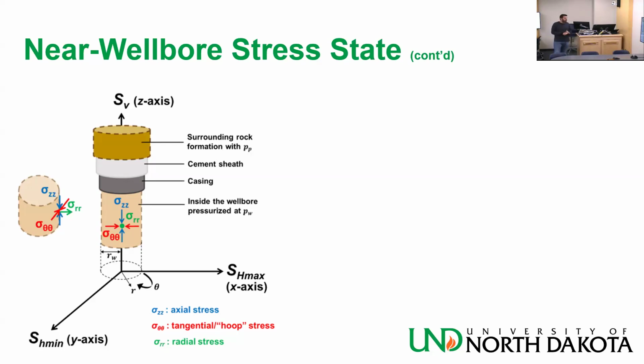We care about what the fracture pressure is on the wellbore radius, right? So we need to know the stress state on the wellbore radius. It's also important for completions people. They want to initiate hydraulic fractures on the wellbore radius, right? These fractures are going to start from the wellbore radius. Just like when you are drilling, you don't want to start fractures, what we call an underground blowout. This is a fracture from the wellbore radius. So I care very much about the stress state on the wellbore radius.